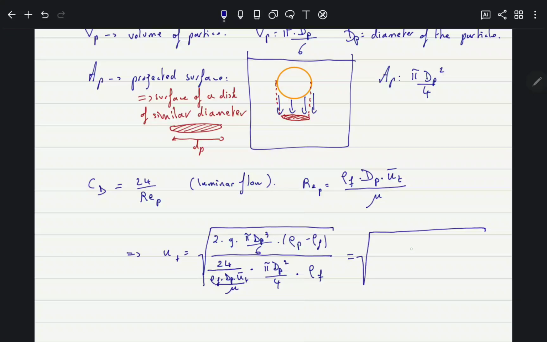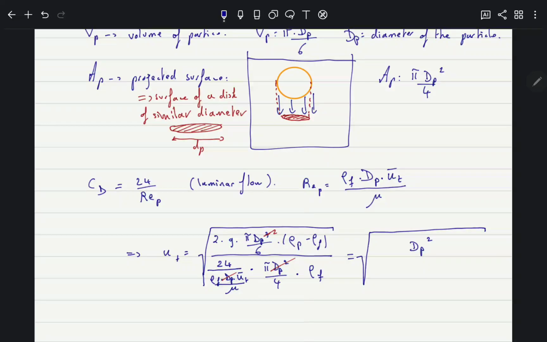All right, so this becomes 2, and we can cancel out those terms.